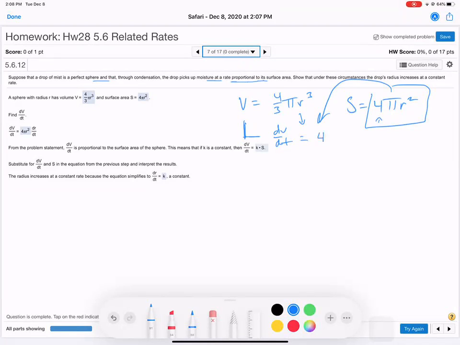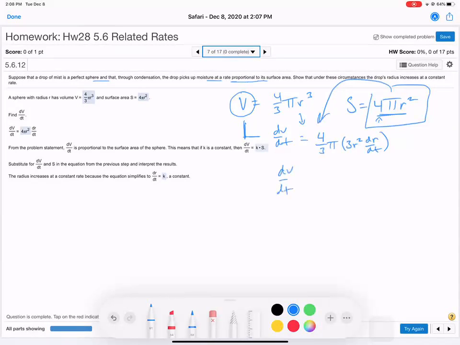That's 4 over 3 pi, and the derivative of r cubed is 3r squared dr over dt. Bobby, are you okay with this? We took the derivative of V, and we're going to show that this equation here is actually hidden in there.